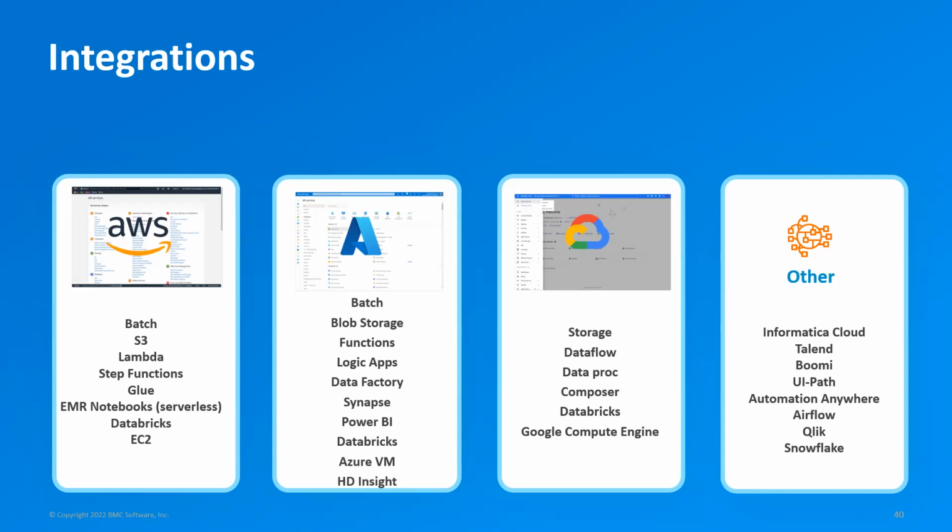On top of that, for applications running on cloud, like Informatica, Click, Snowflake, Automation Anywhere, and Boomi, we provide integrations too. We have a dedicated integrations team developing integrations, and our focus is on the cloud.